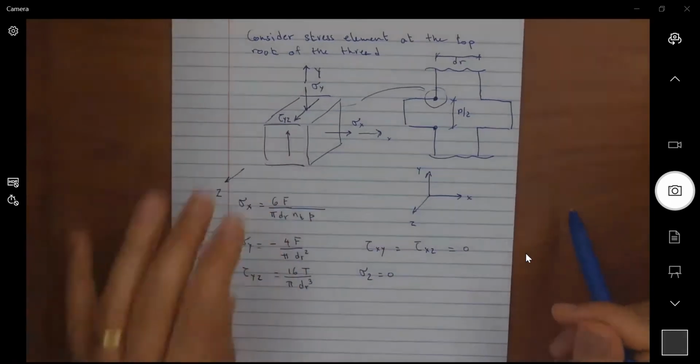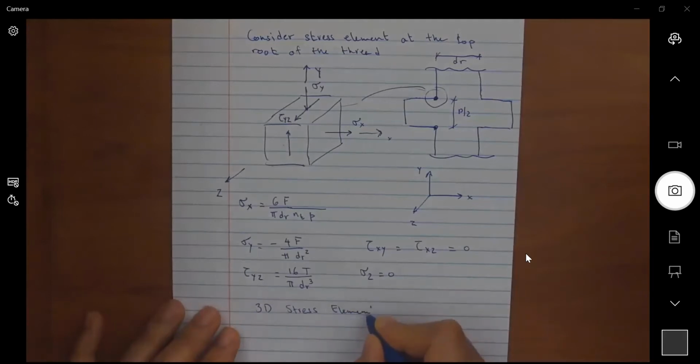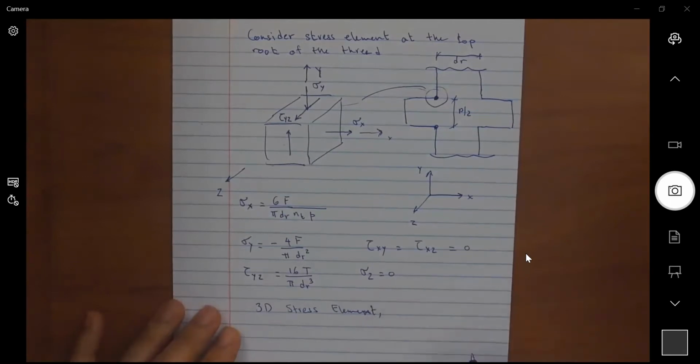So I'm looking here at a 3D stress element where tau is equal to 0 on the x face. Therefore, sigma x is a principal stress.